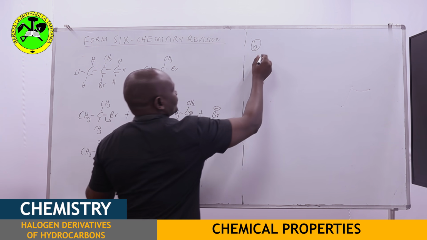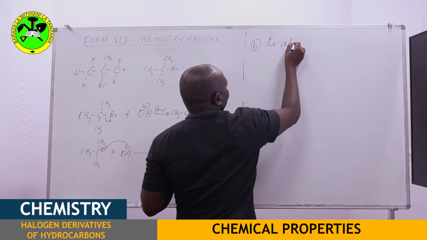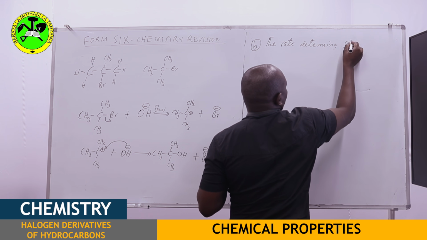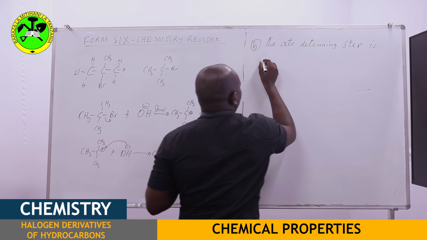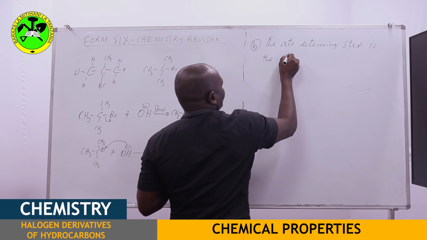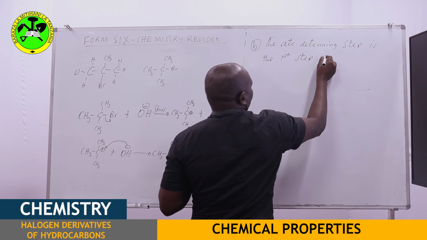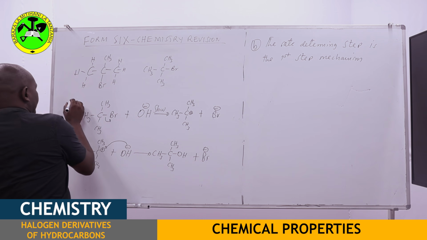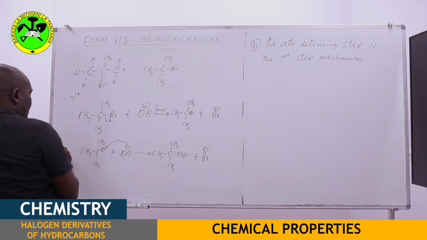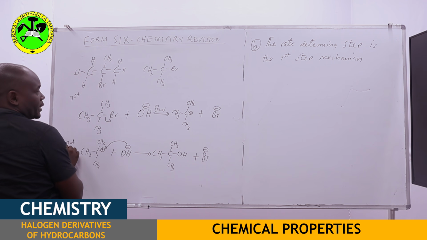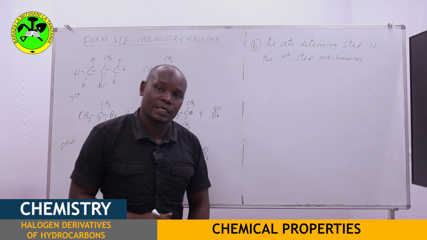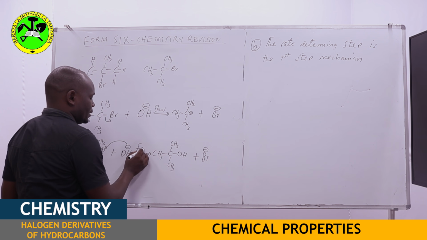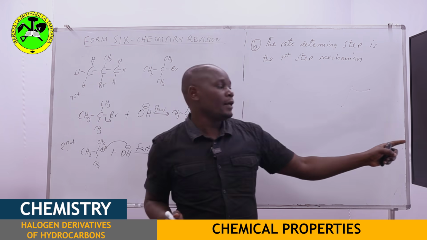So the rate determining step is the first step of the mechanism. Let's say that this is the first step reaction and this is the second step reaction. To determine the rate determining step, you consider the slowest reaction, and that is the first one. So that is the answer for the second part.